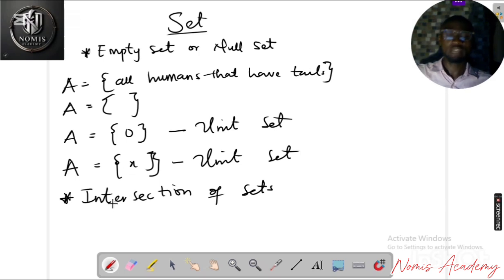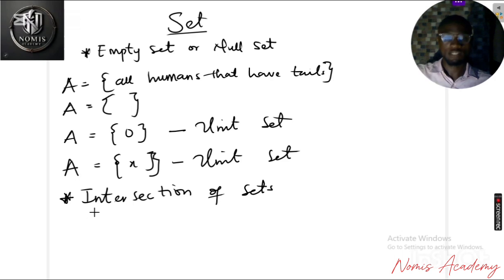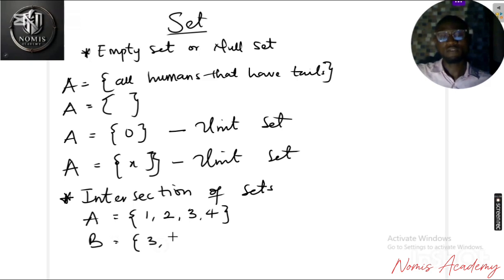What am I talking about? Let's take for instance, we have set A and set B. Set A has the elements 1, 2, 3, 4, and set B has 3, 4, 5, and 6. An intersection, in simple words, means common elements.